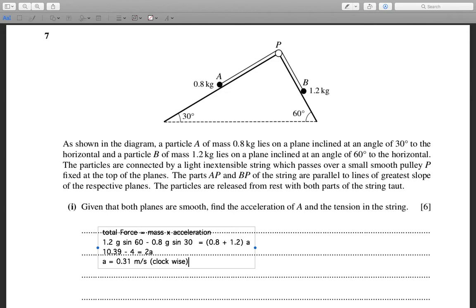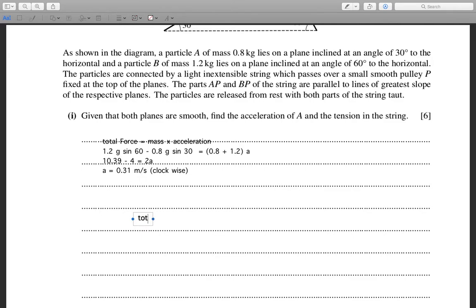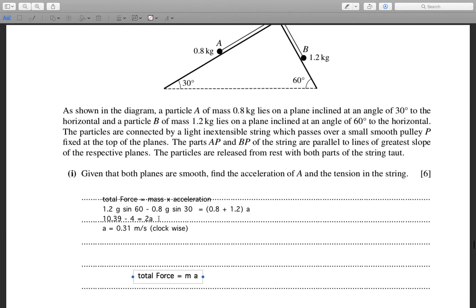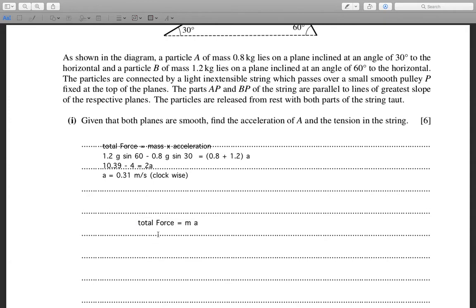We get the acceleration, and then how about the tension? Again we use total force equals ma. On mass block B, the total force is m_B g sin theta, which we already have, 10.39, minus tension T equals mass of B times a, and a is around 0.31.